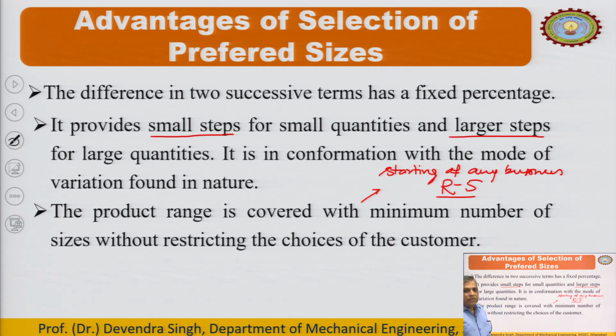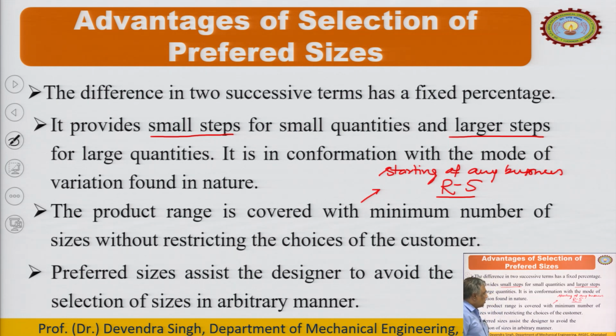So that we will start with the minimum number of sizes. R 5 is the basic series which will give you the minimum number of the sizes to fulfill the demand. This is an important point we should always remember whenever we are using this.